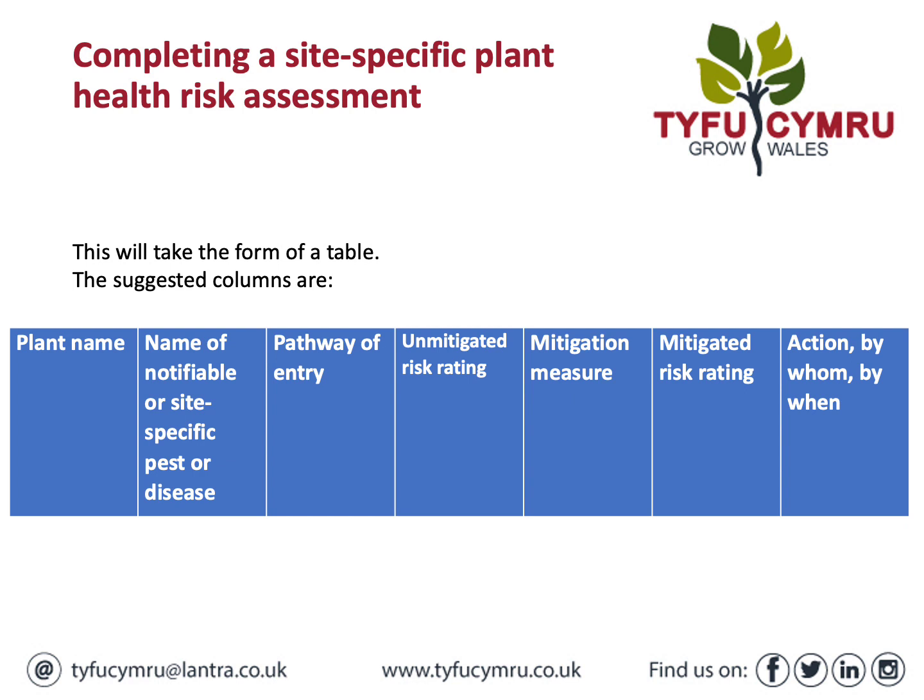Now you've collected most of the information that you need to put into your site-specific plant health risk assessment. And as we mentioned before, that risk assessment will take the form of a table.